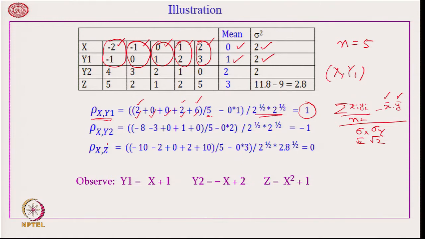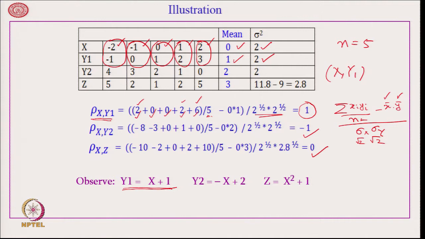In a similar way, rho x y2 is coming out to be -1 and rho x z is coming out to be 0. Now, let us look into the data. We can see that they have the following relationship: y1 is equal to x plus 1.